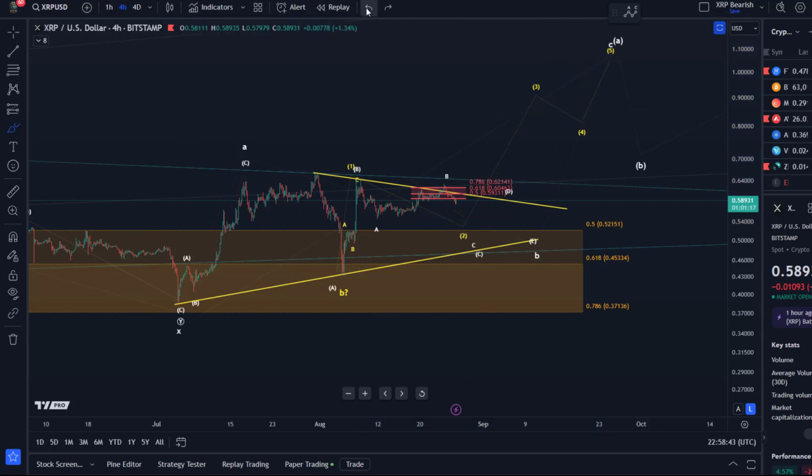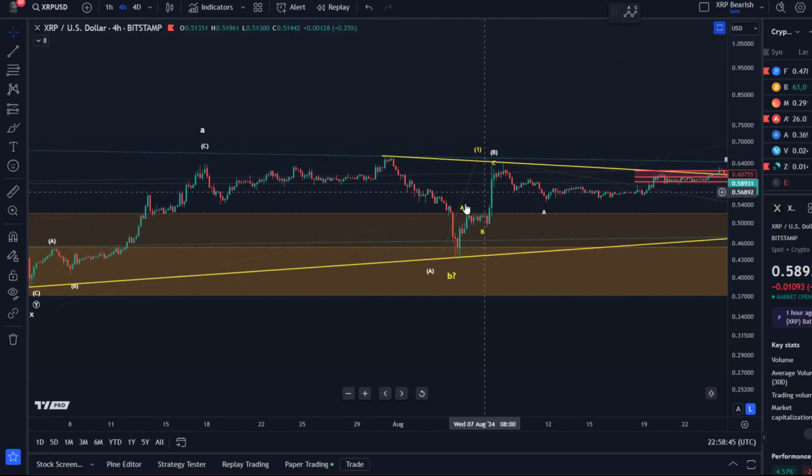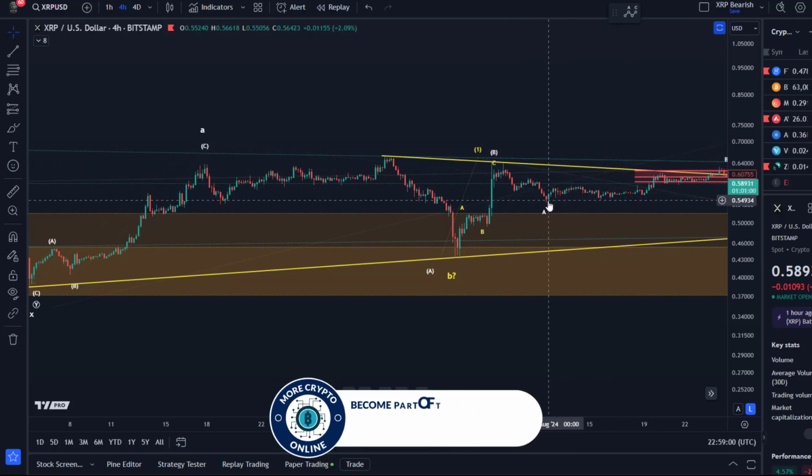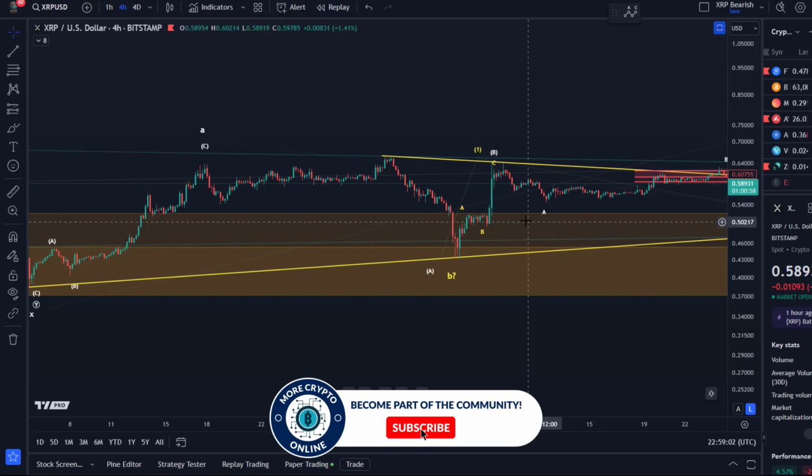The problem is that the rally from the 5th of August low is a clear 3-wave pattern. That's not a surprise, given that I've highlighted repeatedly that XRP likes to avoid forming 5-wave structures. XRP loves these 3-wave structures, and that doesn't give us a very clear indication of where things are going, right?